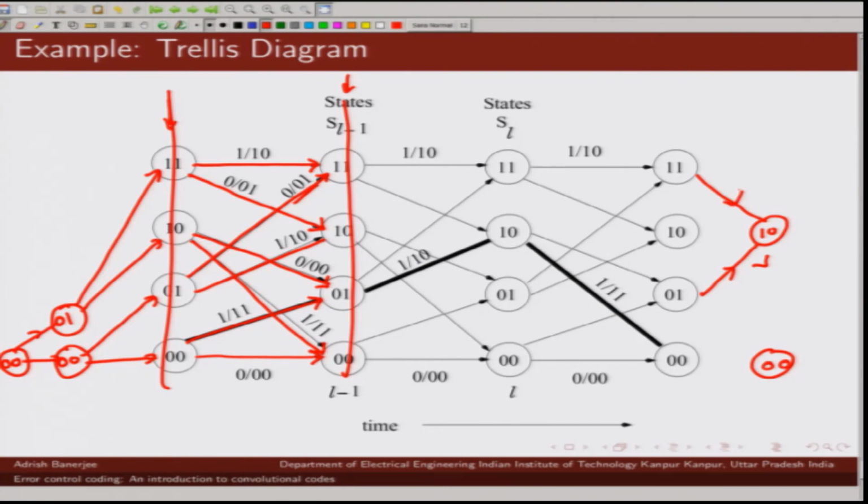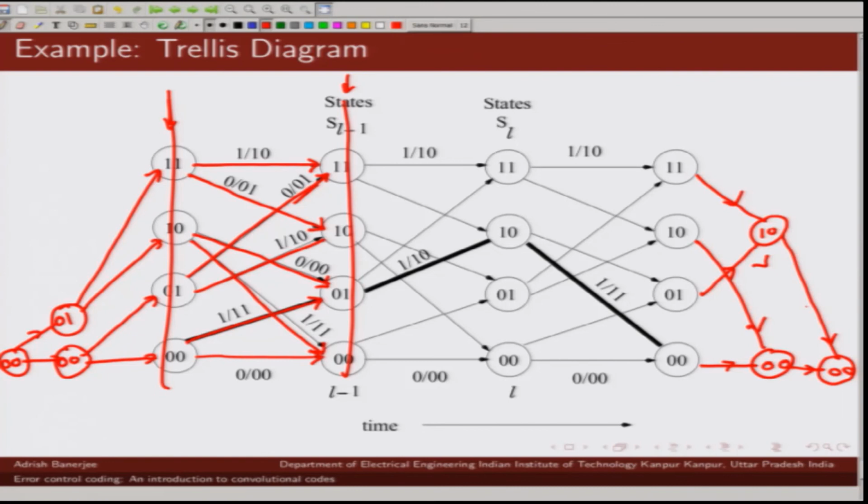Similarly, from 1 0, I can move to 0 0 state if I get a 1, and from 0 0 I can move to 0 0 state if I get a 0. So, you can see how the states are evolving with time.